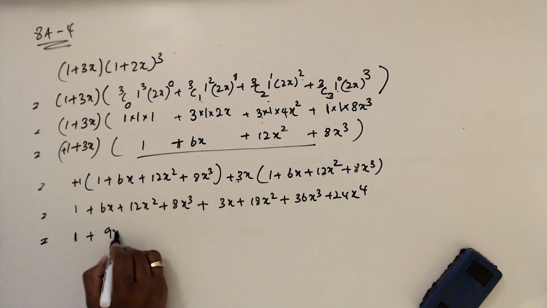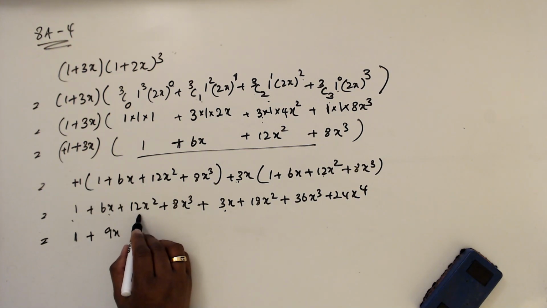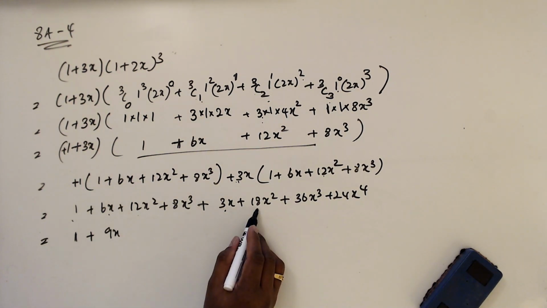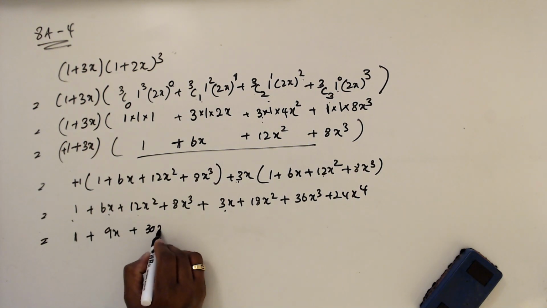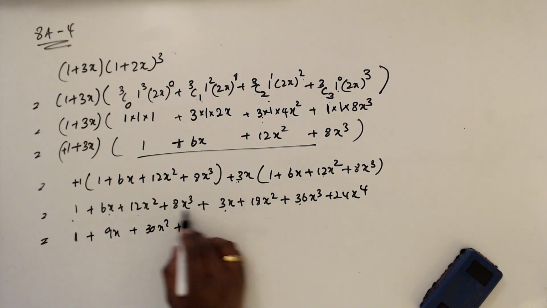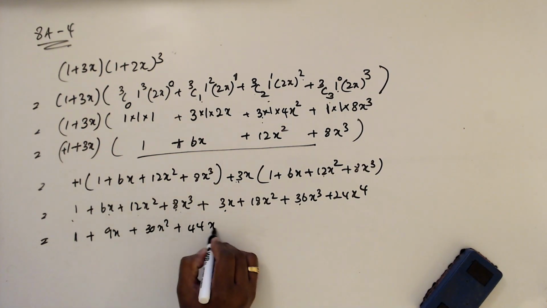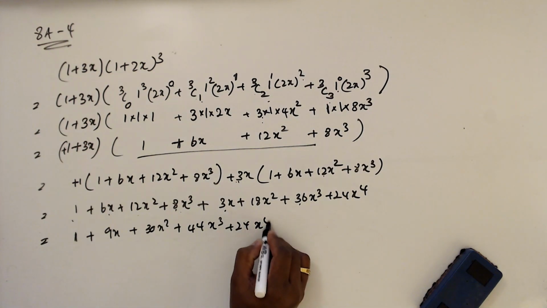Then the x squared terms: 12x squared plus 18x squared, 30x squared. Then x cubed: 36 and 8, 44x cubed. And then 24x to the power 4.